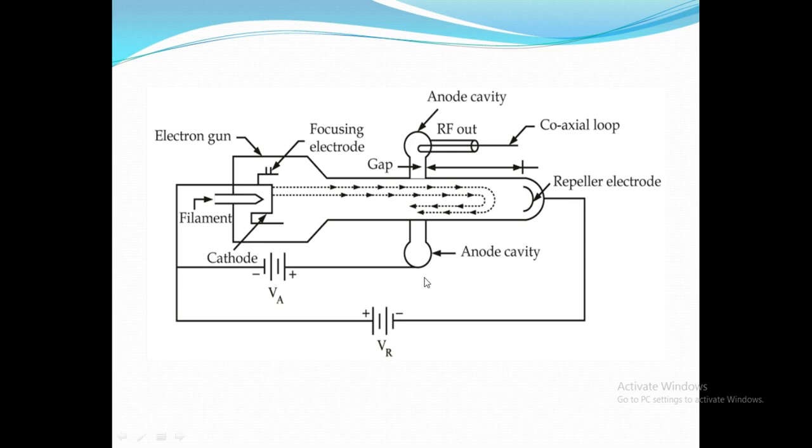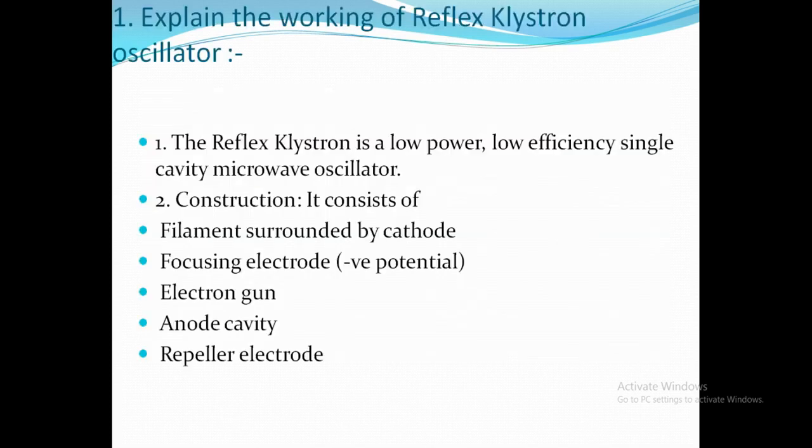In the previous class we discussed the multi-cavity Klystron amplifier, in which we use more than one cavity, three cavities: one for input, one for output, and one more in between.